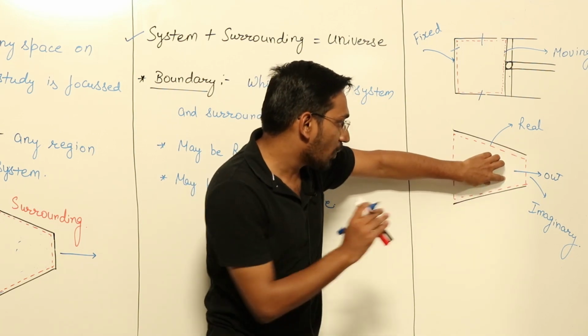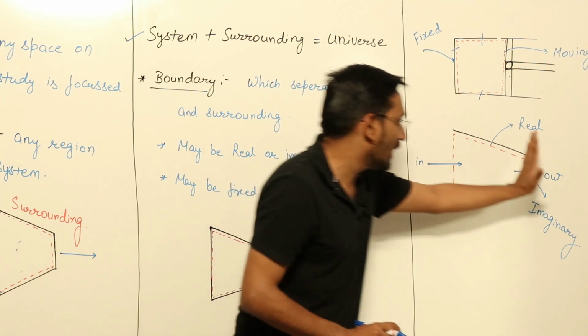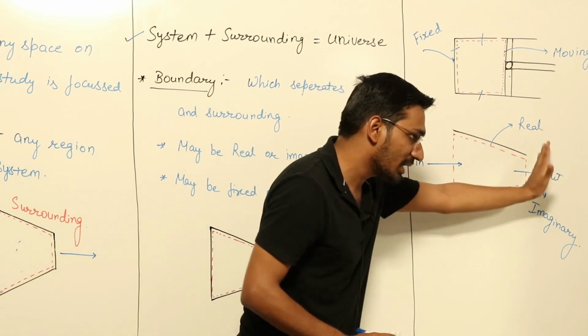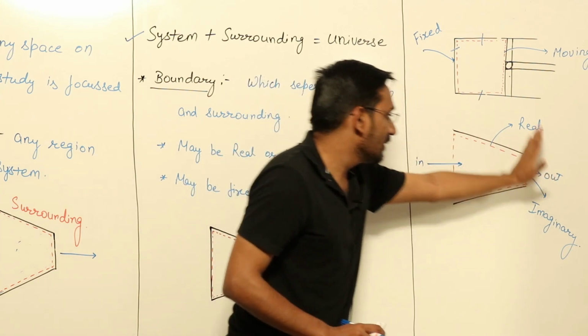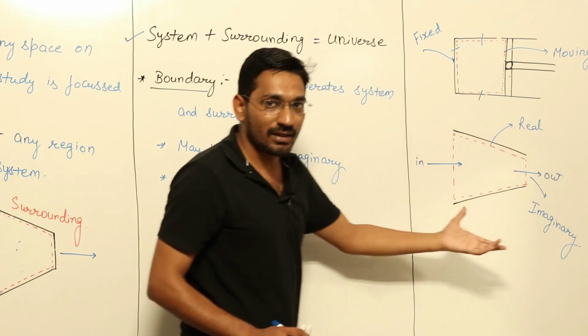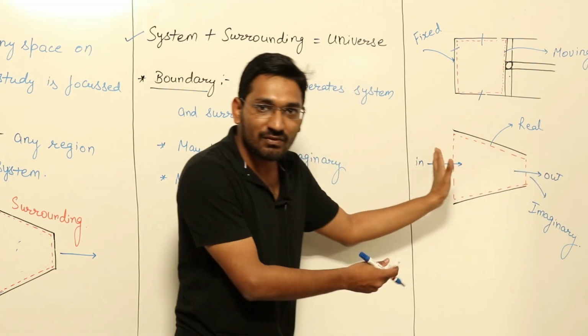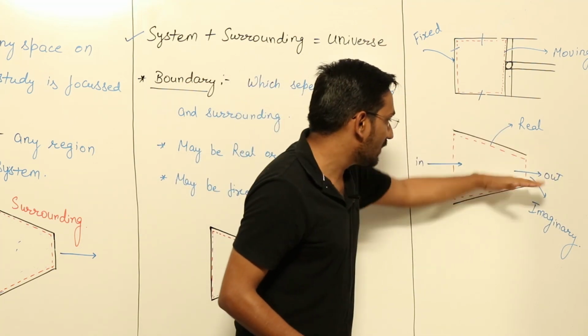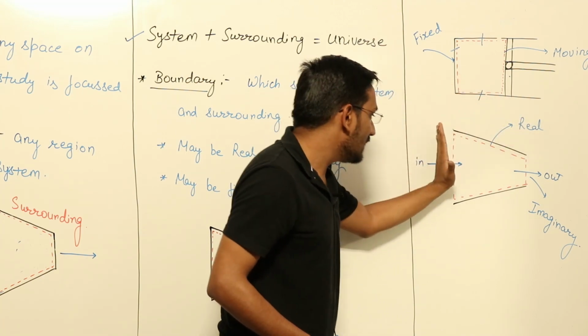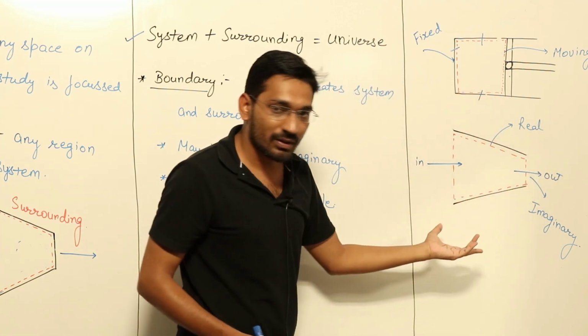We make these two lines hypothetically, or you can say imaginary. You created them, they are not present with your pipeline. Pipeline walls are these walls. So these are your real boundaries, and these two are your imaginary boundaries.